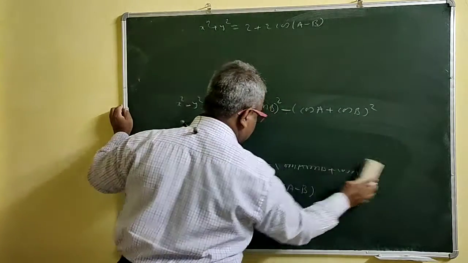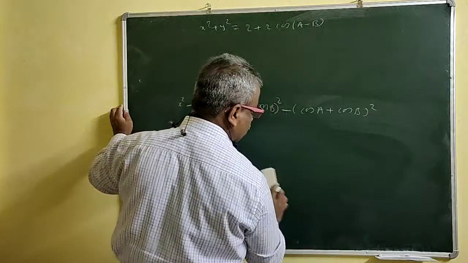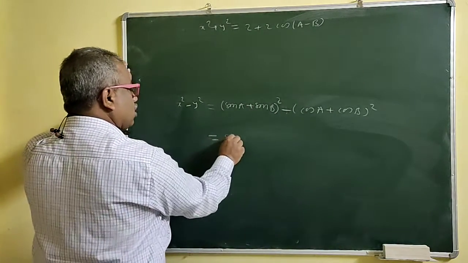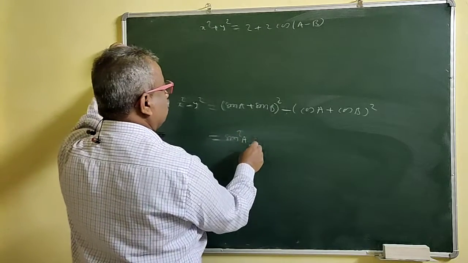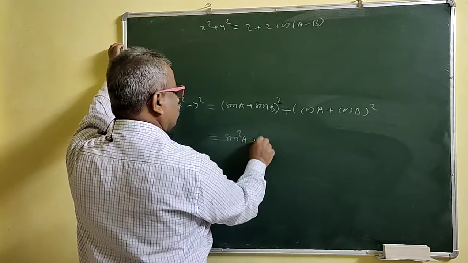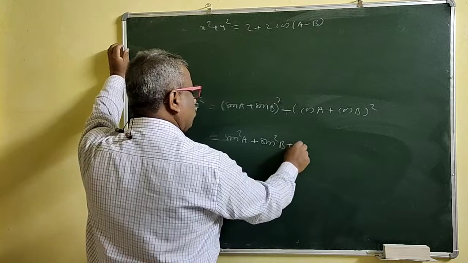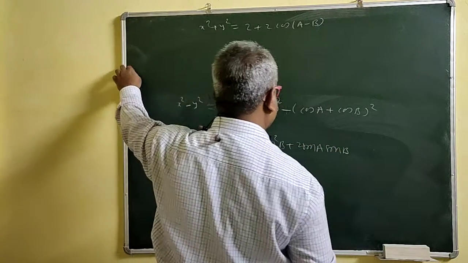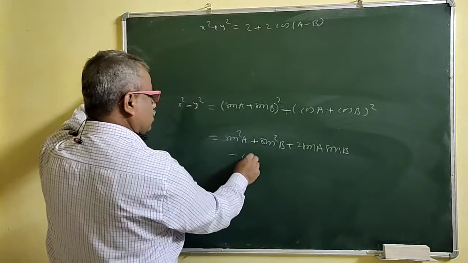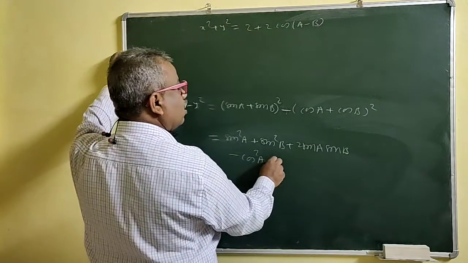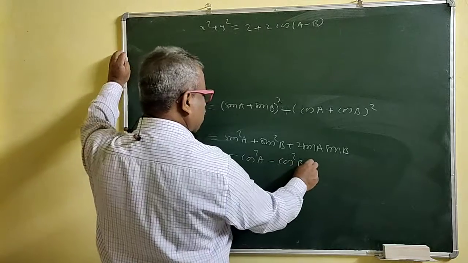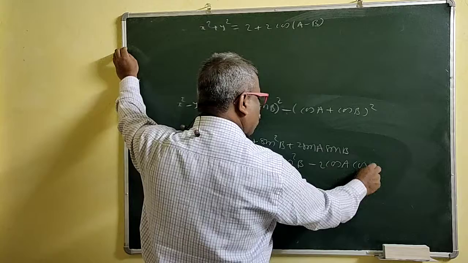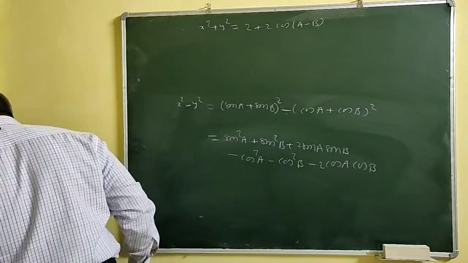Okay. Now see what we get then here. So this is sin square A plus sin square B plus 2 sin A sin B, minus cos square A minus cos square B minus 2 cos A cos B.